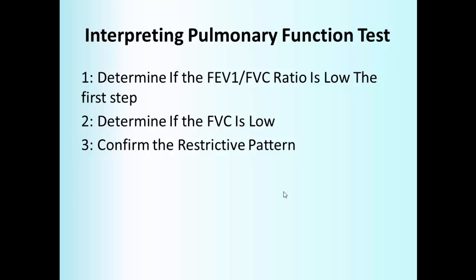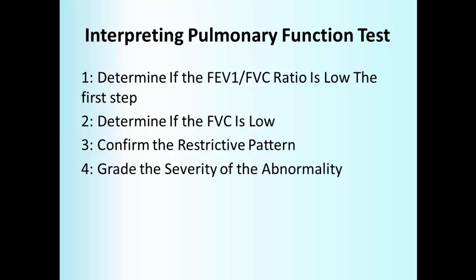The DLCO is a quantitative measurement of gas transfer in the lungs. Diseases that decrease blood flow to the lungs or damage alveoli will cause less efficient gas exchange, resulting in a lower DLCO measurement. And we'll be talking some more about the DLCO later on.